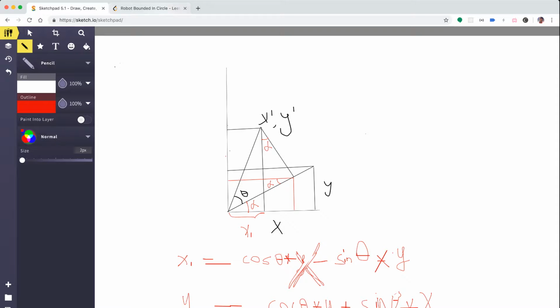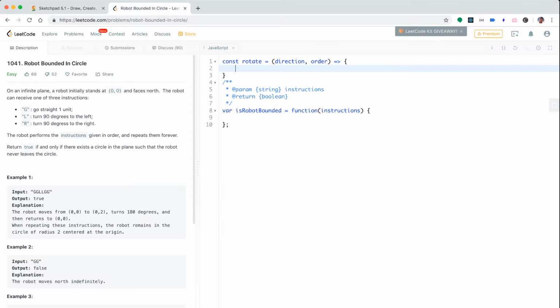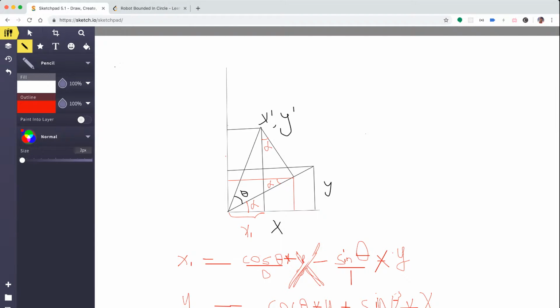For 90 degrees, cosine theta is 0 and sine theta is 1. So actually we got this formula. Return the new direction as minus y.